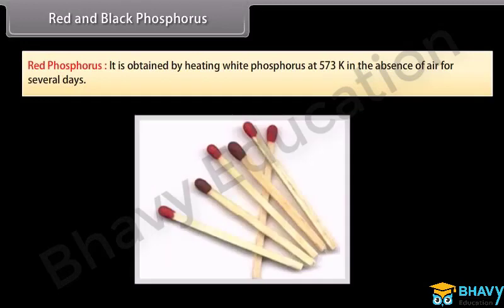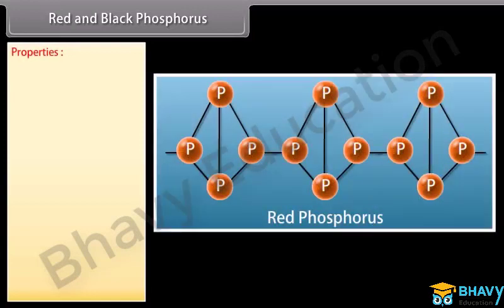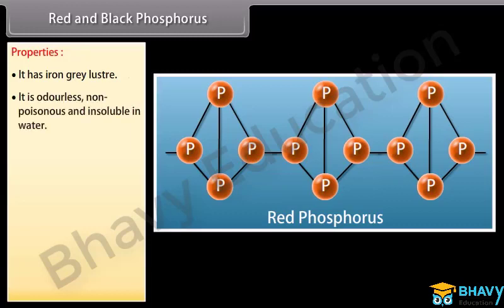Red and black phosphorus. Red phosphorus is obtained by heating white phosphorus at 573 Kelvin in the absence of air for several days. Properties: it has an iron-grey luster. It is odorless, non-poisonous and insoluble in water.